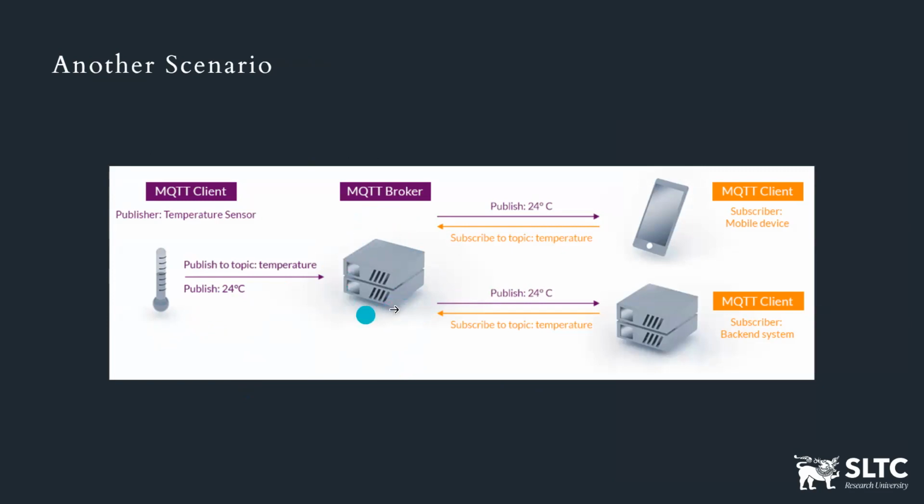Once the broker gets the information, it checks which client devices have subscribed to the temperature topic. After identifying that, the MQTT broker will publish the temperature data to the clients who have subscribed to it. These clients have already subscribed to the topic temperature beforehand.